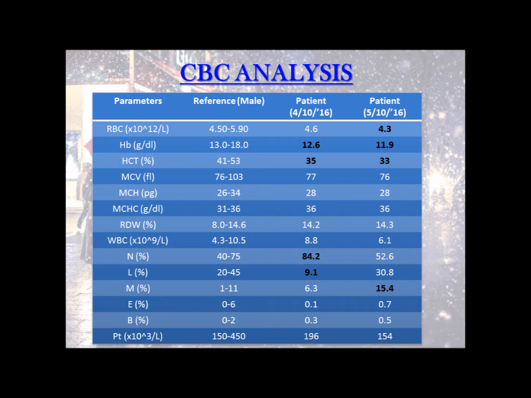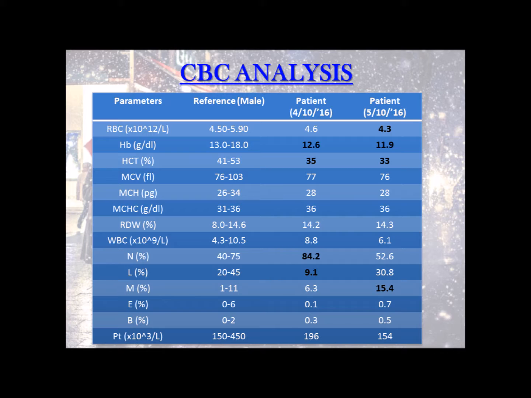On the second day, the RBC count started to drop compared to the first day, from 4.6 to 4.3, followed by hemoglobin, which dropped from 12.6 to 11.9 gram per deciliter. Here we can see that the WBC count also fell from 8.1 to 6.1 from day 1 to day 2.